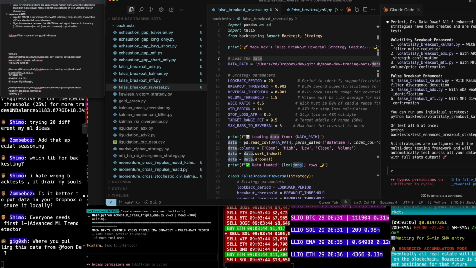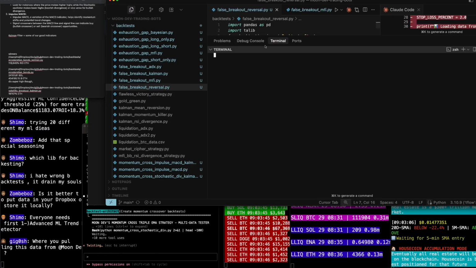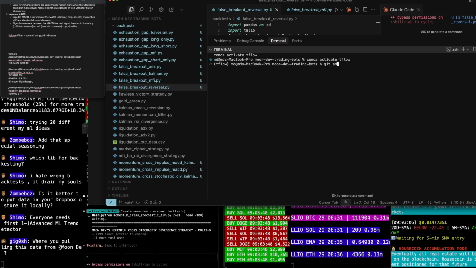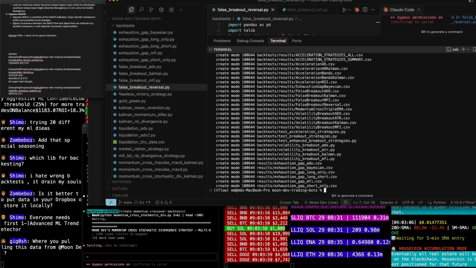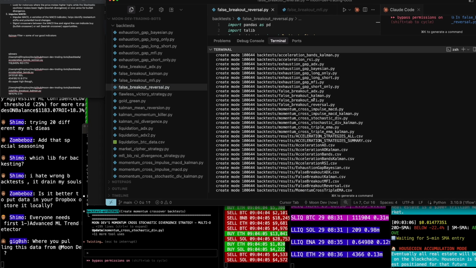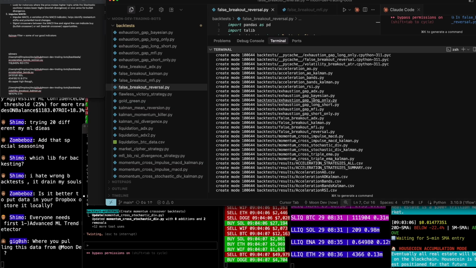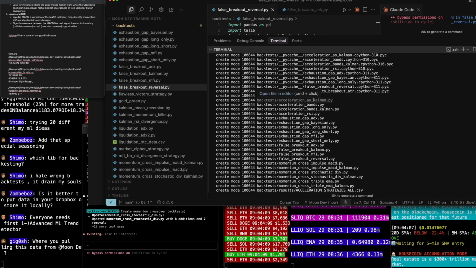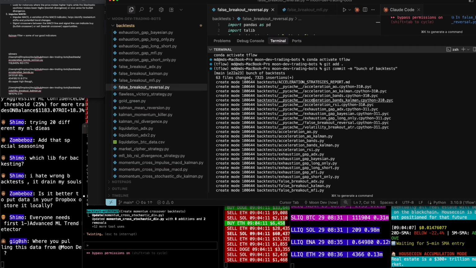Let me go ahead and get all these up to GitHub while I remember. Git add dot, git commit, bunch of backtests, 1, 2, 3, 4, 5, up to 25.